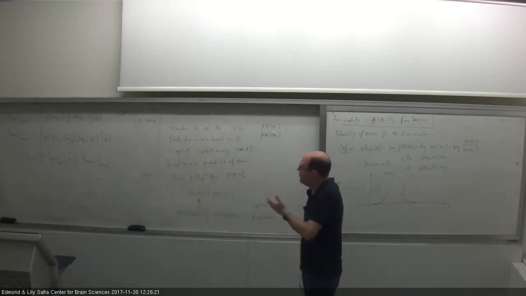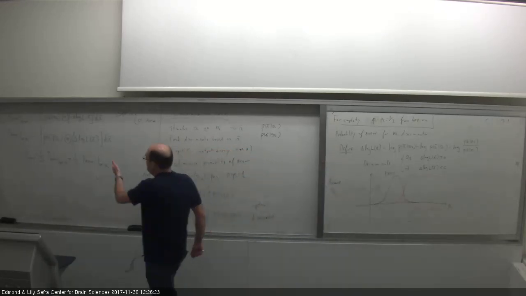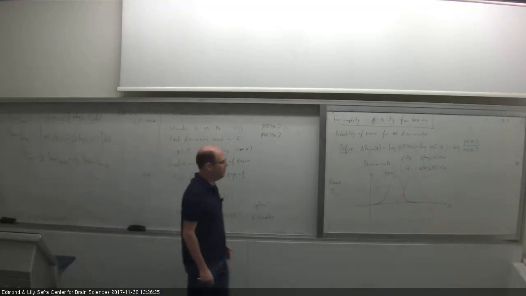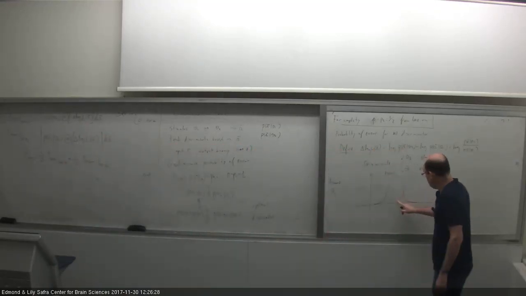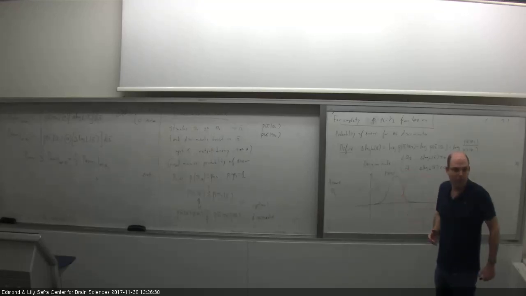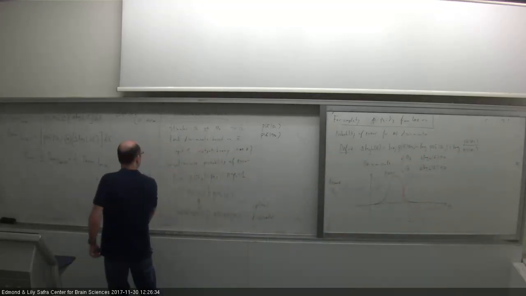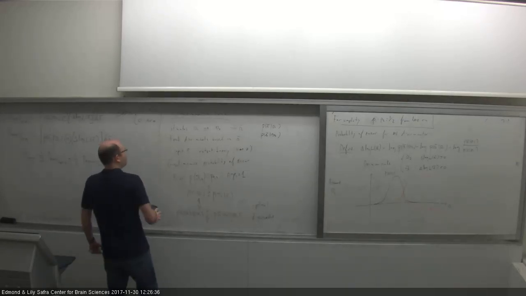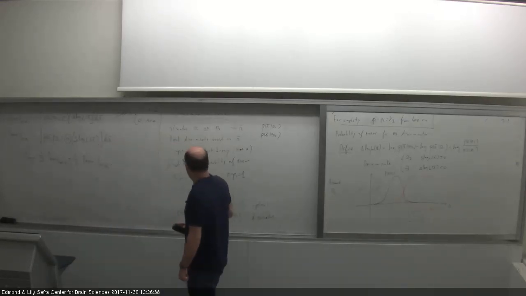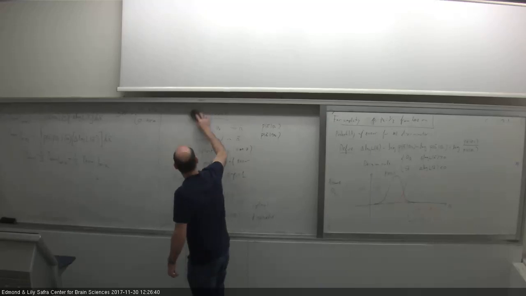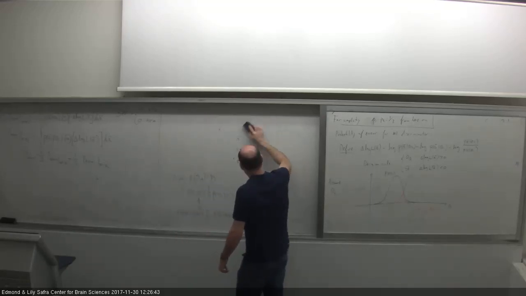And in principle, these two integrals don't have to be the same, right? The area under this part and the area under this part might look different. So what I'm going to do next is consider a case where we can say something about these integrals more precisely.